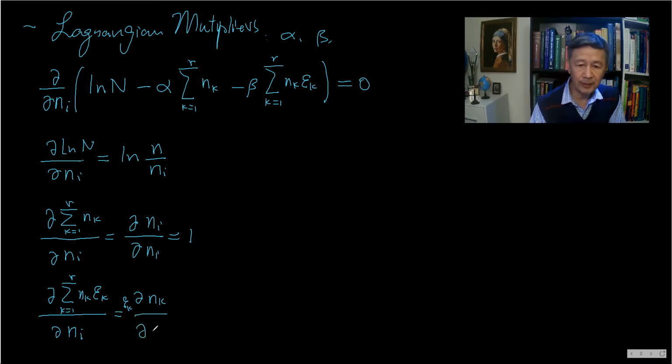Sorry, not k, it should be just i, because among these different n, only n sub i does not vanish. So it's ni. Similarly, this term became unity, so we got epsilon i.